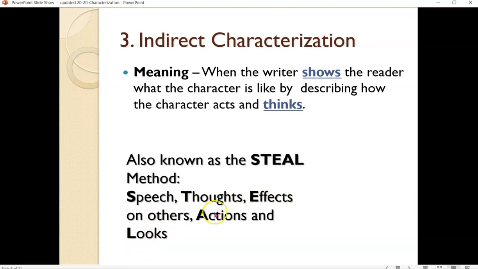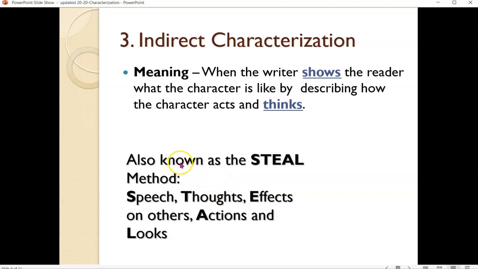So basically, it's all of the nonverbal, like body language or thoughts and ways and things that the character says that helps you know, without it being directly said, what or who this character is, what this character is like.